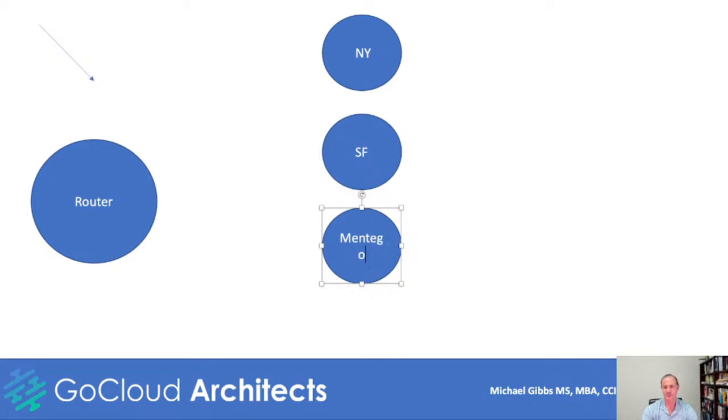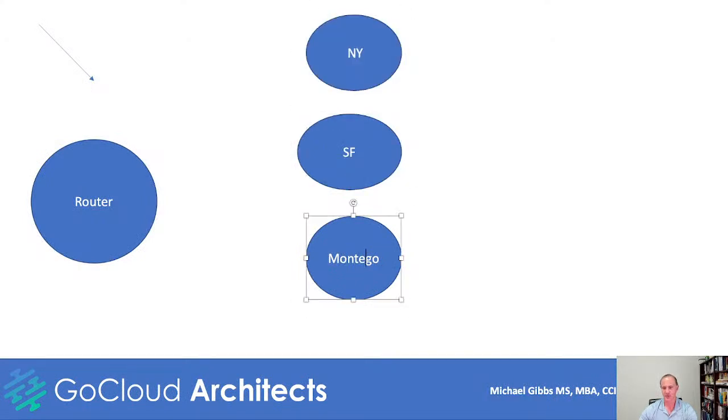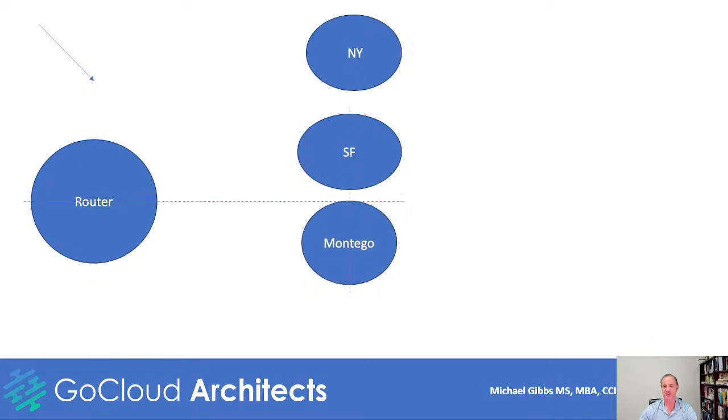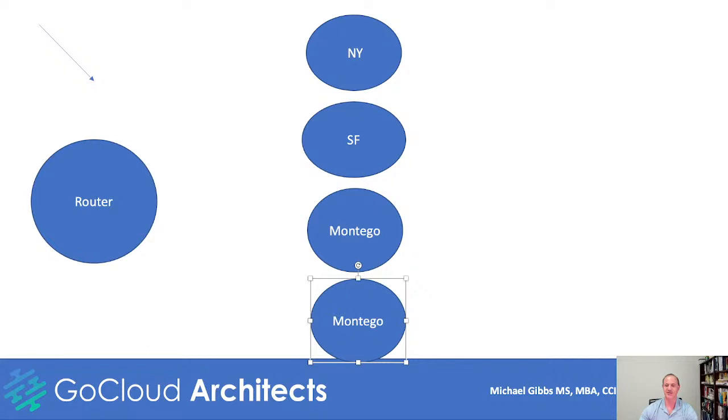Let's say Montego Bay. Pick a city in Jamaica. Let's pick 2 other cities we have a tremendous number of students in. Let's say we pick Bangalore. All right, we're just going to keep it to 4 because that's all the space that I have. Probably should have said Lagos. Probably got more people in Lagos than San Francisco. So let's say Lagos. So now we've got a WAN link.